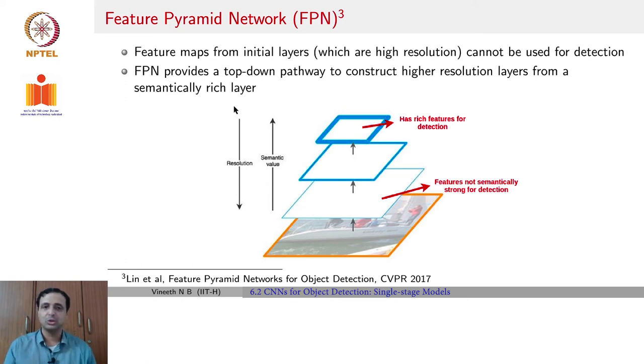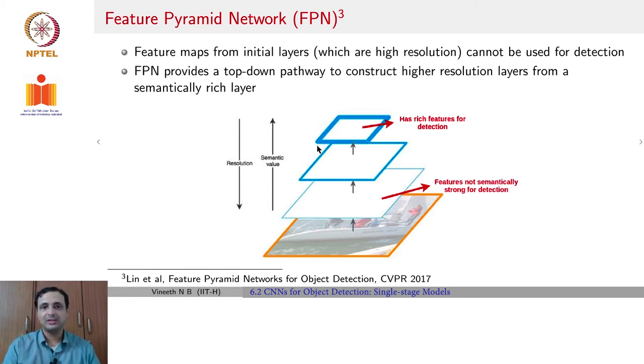When you go through a convolutional network, the initial layers are high resolution, and then as you go deeper, the resolution gets lower and lower and lower. But the initial layers, although they are high resolution, we've seen from our visualizations of CNNs that they may not really be capturing semantics of objects in those initial feature maps. But they are the high resolution ones.